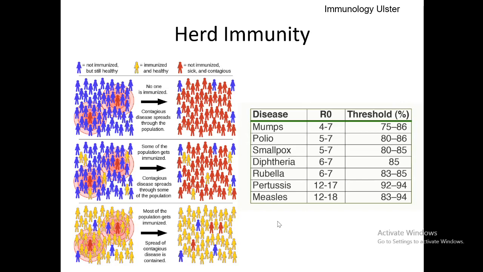And the suggested threshold has been as low as 60%, and even lower in some estimates. So between, I think it was 45 and 60% of the population would need to be vaccinated or have immunity to enable us to achieve herd immunity. And that's probably because the coronavirus isn't as infectious as some of these other components.